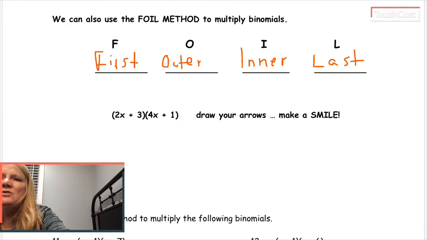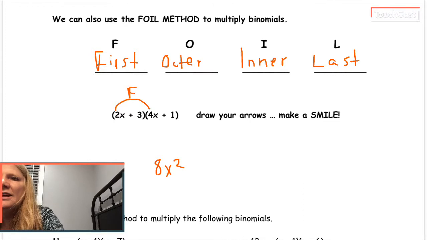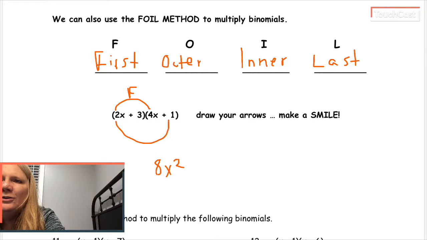So first means we multiply the first terms together. So I'm going to draw a little arrow from the first term here to the first term here. I multiply my 2x times my 4x, and that is 8x squared. So that's my first, put an F there. Then I go underneath and do my outer.